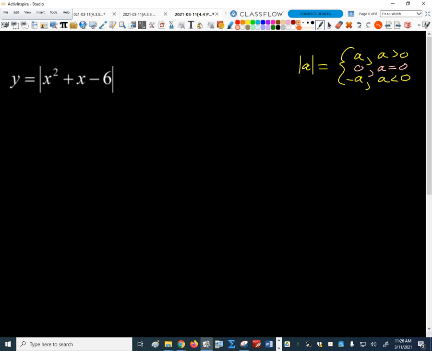So we have to apply that here then. In order to break this into a piecewise function, we have to know where the argument of that absolute value function is. Where is the part that's inside the absolute values positive, negative, and 0? Okay, so that's the first thing we got to do.